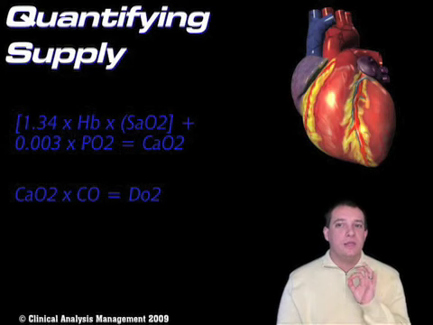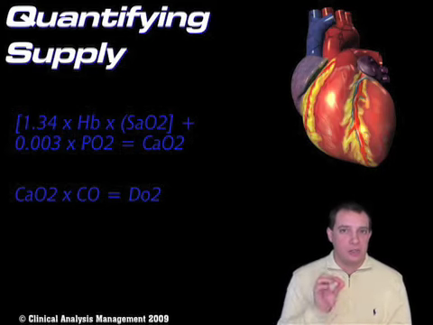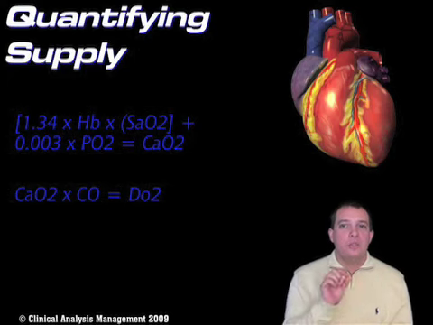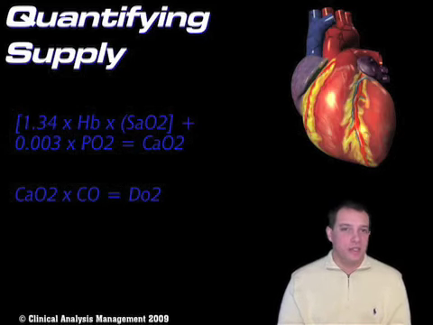When we talk about the PaO2, remember we said it was less than 2% of the oxygen that's in the bloodstream. Remember, the PaO2 is the amount of oxygen in plasma, and we said that was less than 2% of the oxygen in the blood. Well, when we look at the math of this, we're talking about 0.003 times less than 2% of the oxygen. Well, that number is so small that it's not even worth paying attention to.